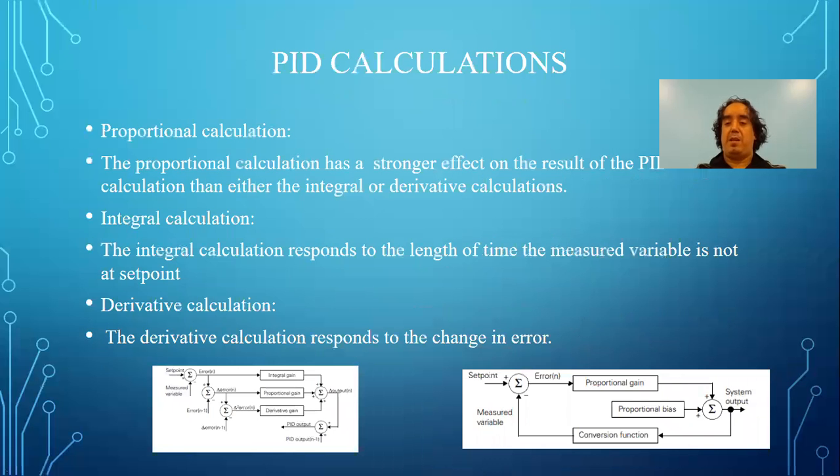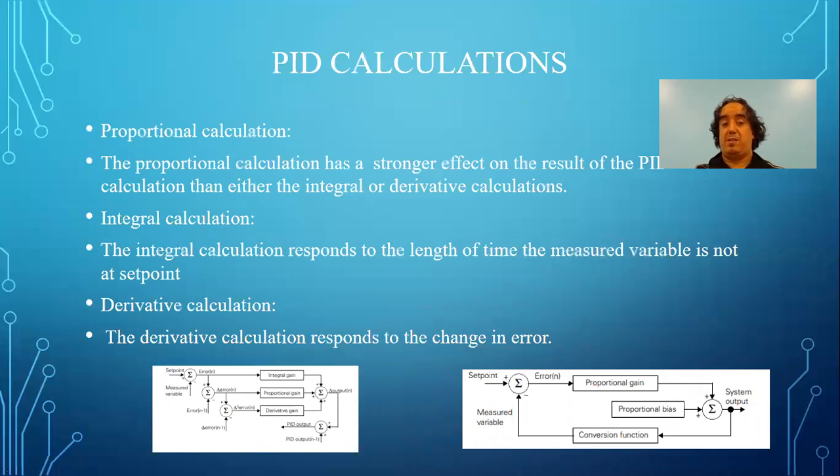So how does the PID do its calculations? There are three major calculations done in PID. The first calculation is proportional, which has the strongest effect on the result of the control system.